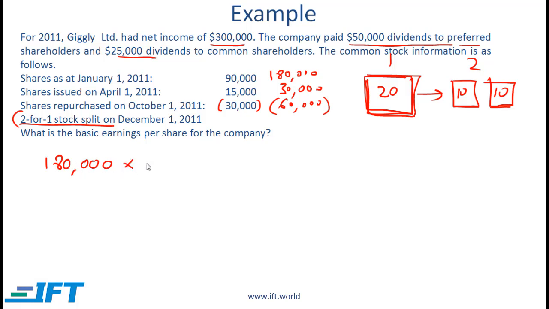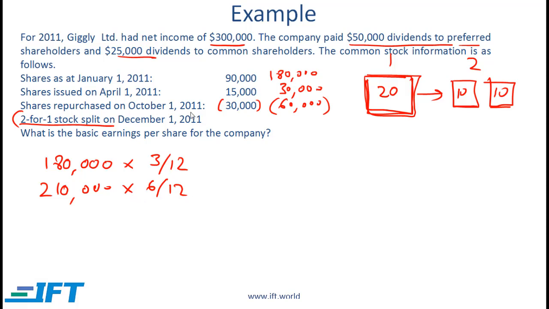So we say 180,000 for 3 months out of 12, and then 30,000 new shares, this is based on our split, were issued, and that means that we now have 210,000 shares outstanding. These were outstanding from 1st April till October 1st, which is 6 months. Therefore, we write 210,000 into 6 months out of the 12-month year.